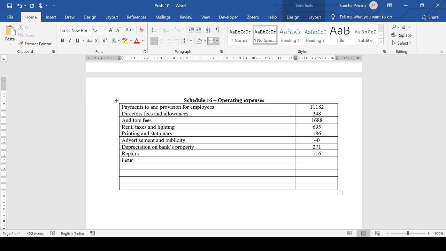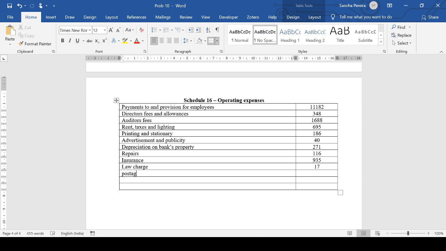Insurance is 935. Then we have law charges, which is 17.